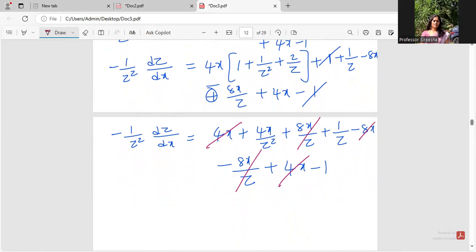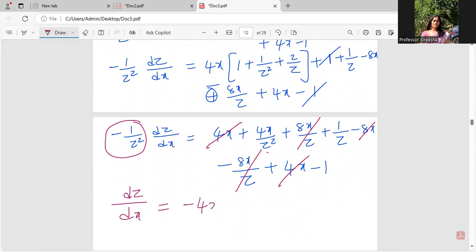Okay. So finally, again, for the higher order derivative, the coefficient should only be 1. First order derivative is the highest order derivative. So I'll take my minus 1 by z square towards the right. So it will be minus z square. Okay. So dz by dx, this is equal to, here I'll be getting what?